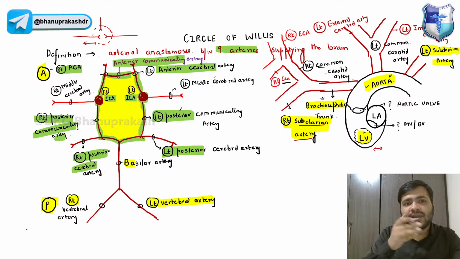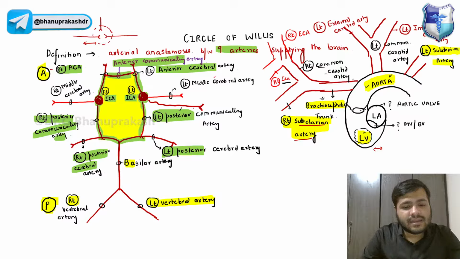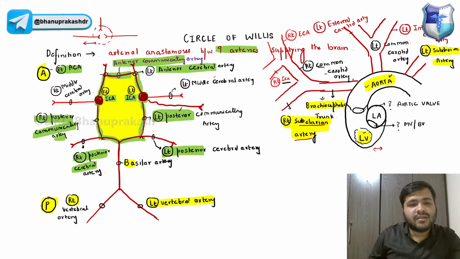Apart from that, guys, there is one more branch coming from this internal carotid artery. Remember, this branch is called the anterior choroidal artery.